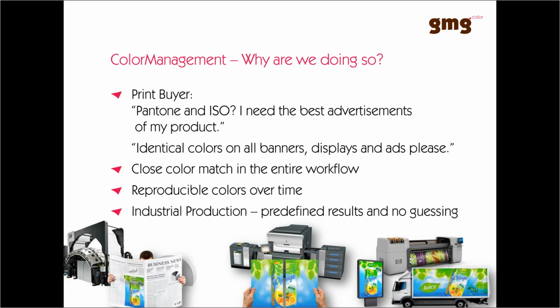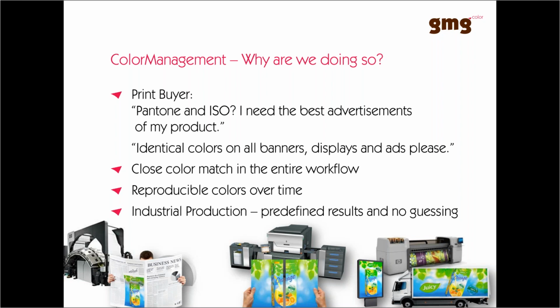From a more technical point of view, it's important that you have a close color match in the entire workflow. So no matter if you're using a conventional press or a digital printing system, you would like to have the closest color match between all the machines, just to be sure that you can produce on all the machine park within the same colors.